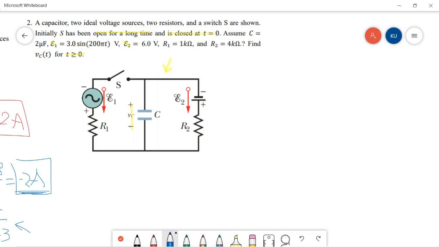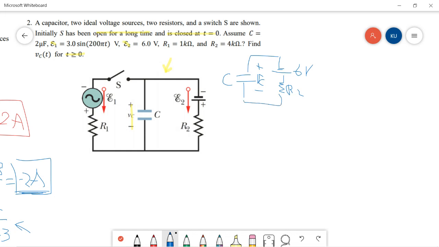Initial condition of Vc. In this case, we can redraw the circuit. So this is 6 volts, and the switch is open, so we don't really need to care about that. So this is C, and Vc is like this, and this is the R2.